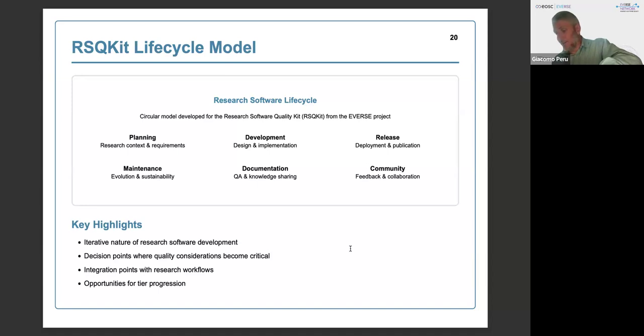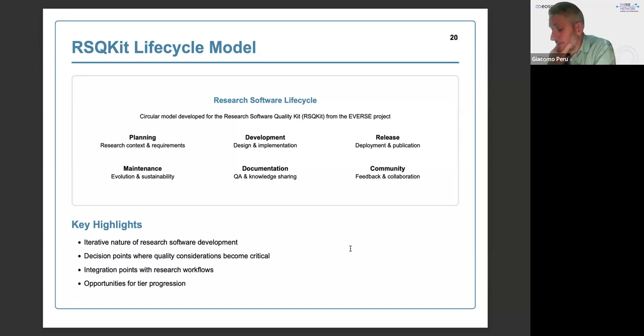Key highlights of this model include the iterative nature of research software development, recognizing that development rarely follows linear progression, but involves multiple cycles of refinement and improvement. Decision points where quality considerations become critical are identified, helping developers understand when to invest in quality improvements.